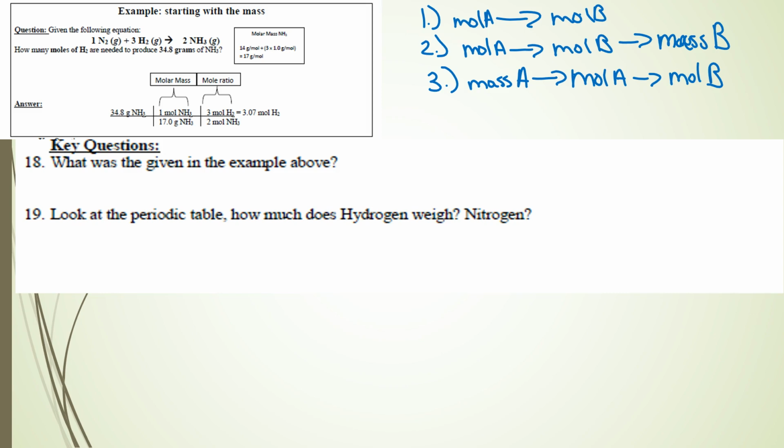What's different about my given in this one? Starting in grams. So instead of moles, I'm starting with 34.8 grams of NH3. All right.